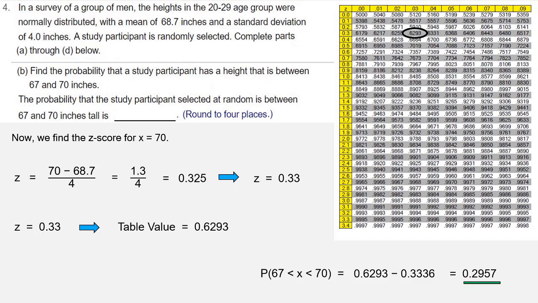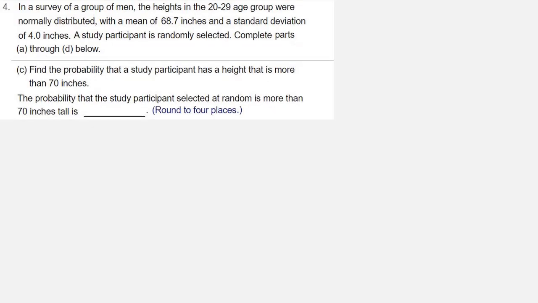For part C, we're looking to find the probability that a study participant has a height that is more than 70 inches. So we've already computed the z-score for x equals 70. It was z equals 0.33.